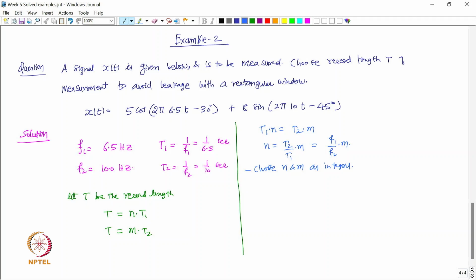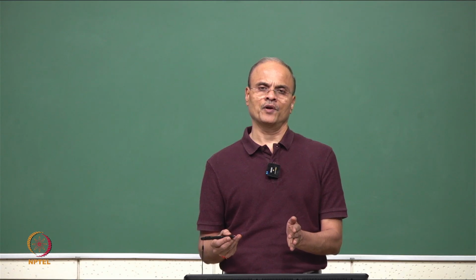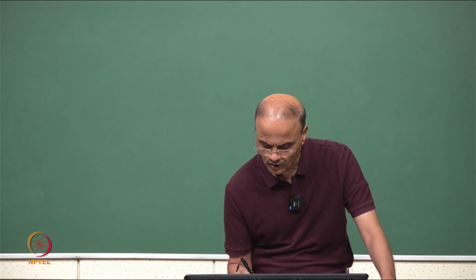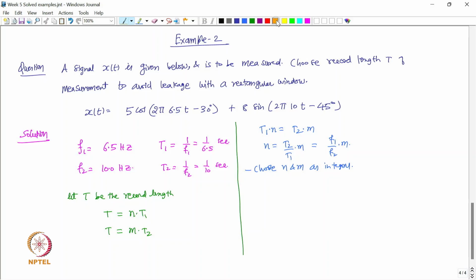If we are able to do that, then it would lead to completion of an integer number of cycles of both the frequency components f1 and f2 in time period T. So, let us try to choose those values. If I substitute, n equals 6.5 upon 10 into m.